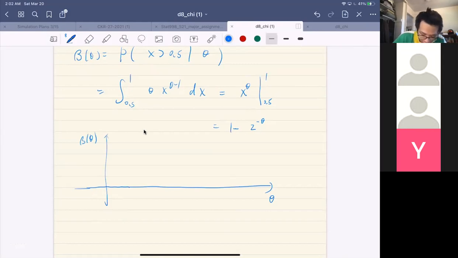From this we know that the size of the test is beta 1, because it's increasing, so we have to find the maximum value, just beta 1. So it should be 1 minus 1 over 2, which is 1 over 2. And the power is okay.